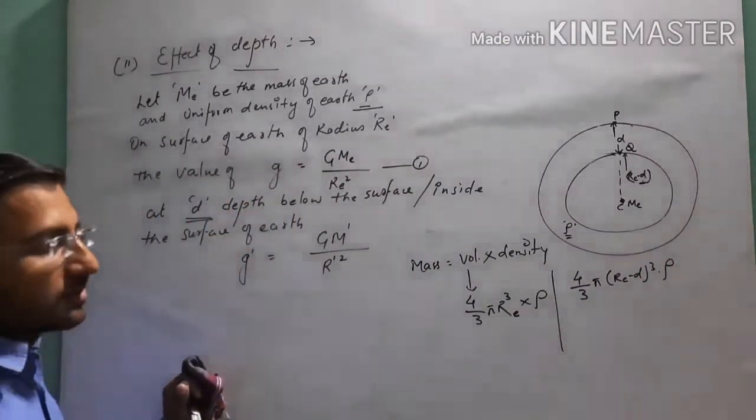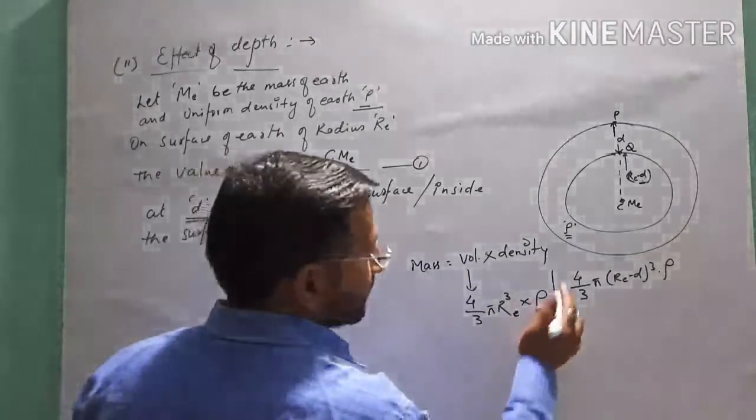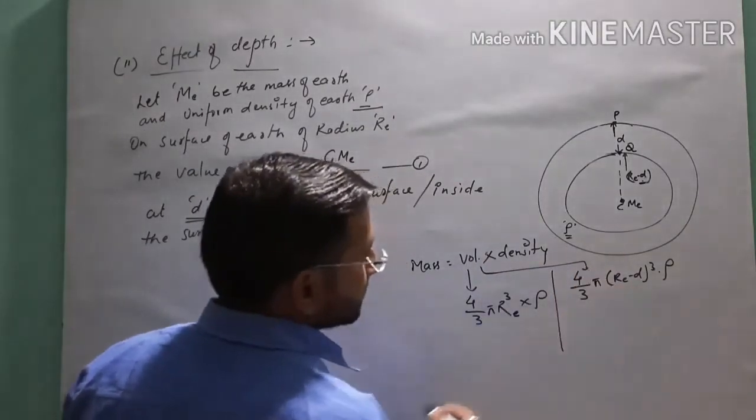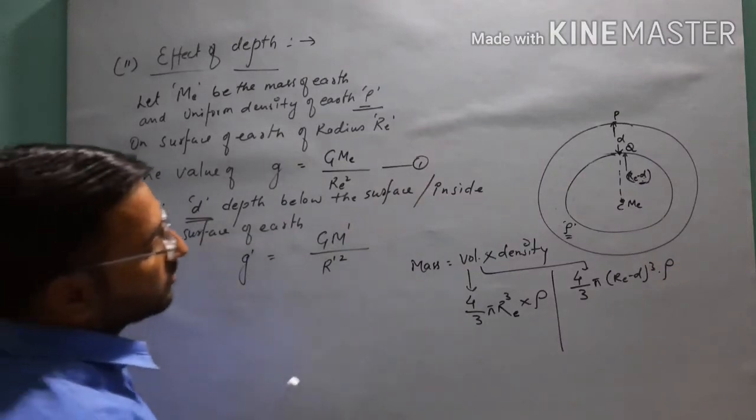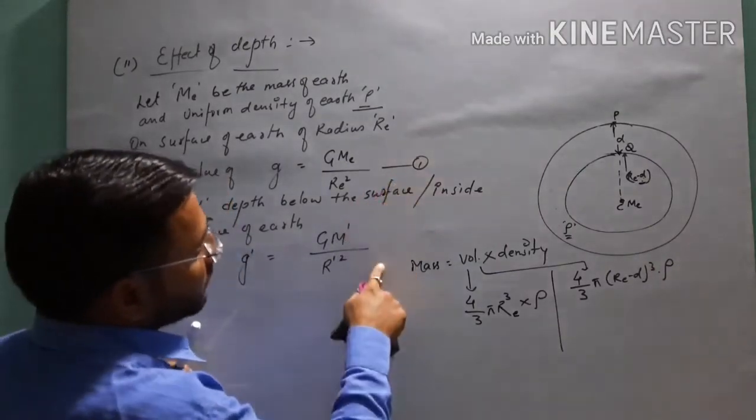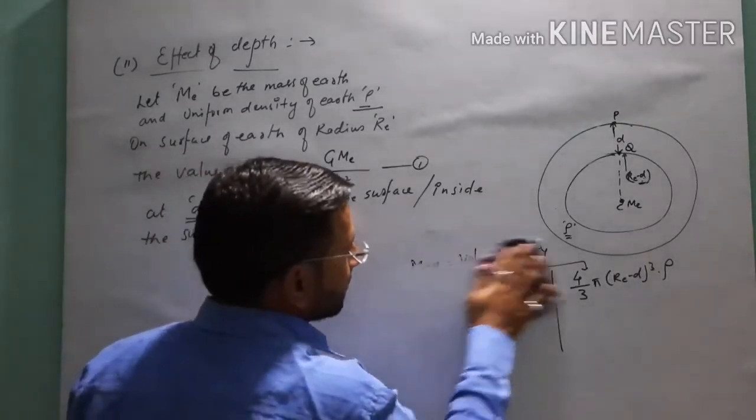Point clear? This is the difference which we will make in both conditions. After that I will substitute the values one by one from equation 1 and equation 2 here.